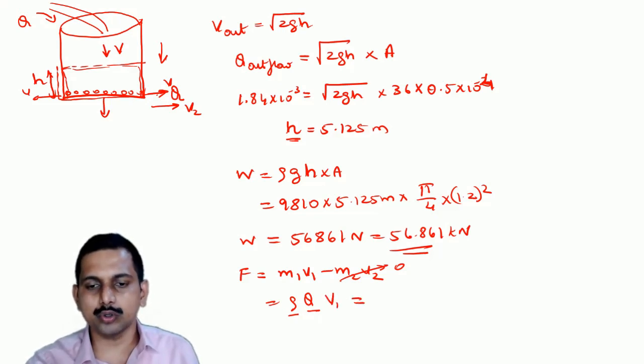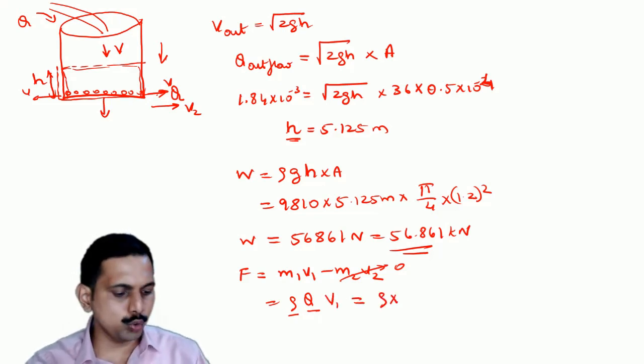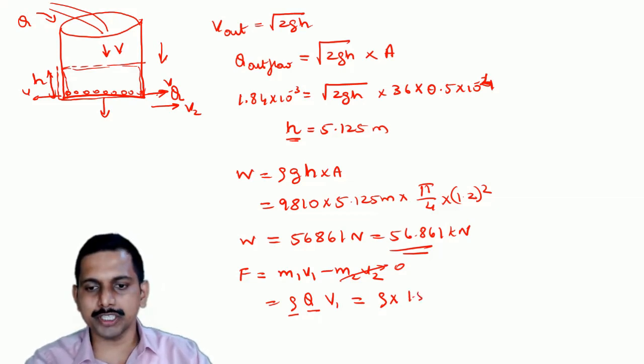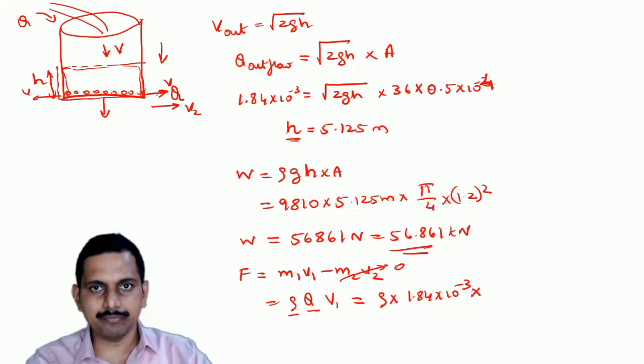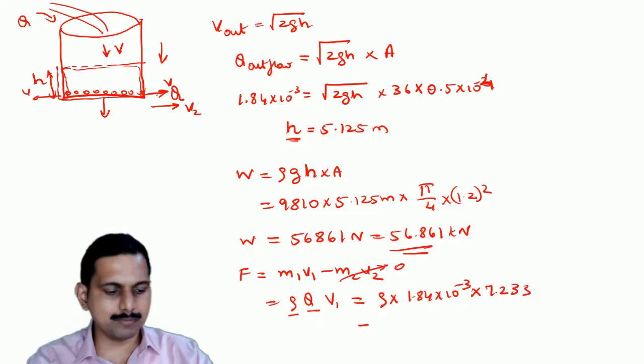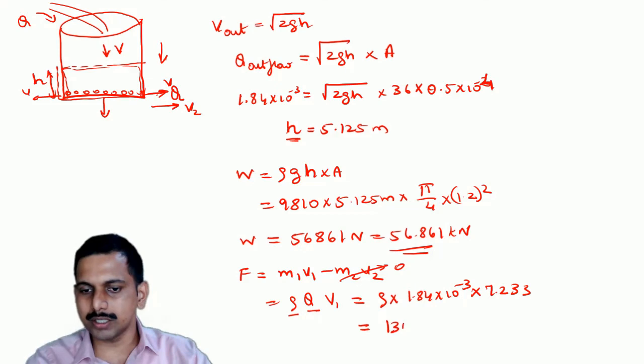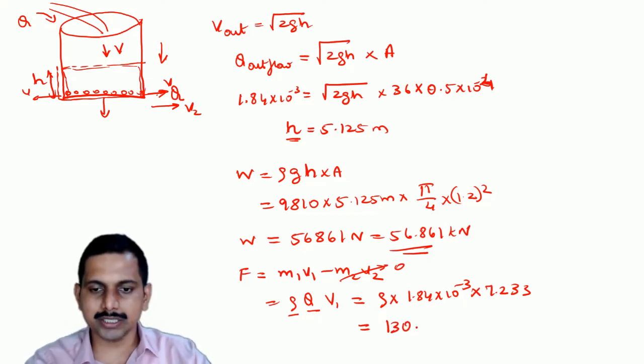So this comes out to be rho into Q. We have got it as 1.84 liters per second, correct? So into the velocity of this one, which was given as 7.233, this comes out to be 130 point. I'm taking this rho as 1000.